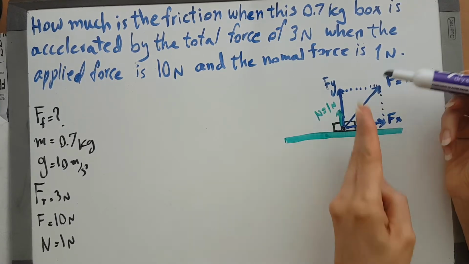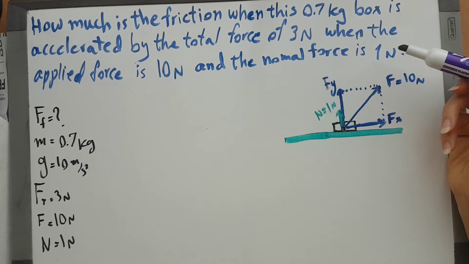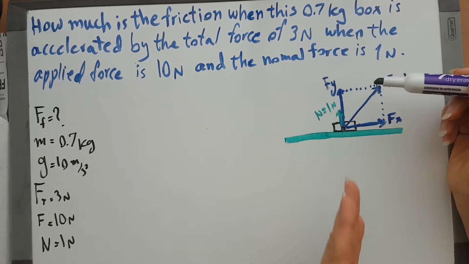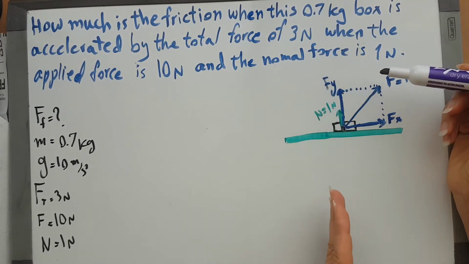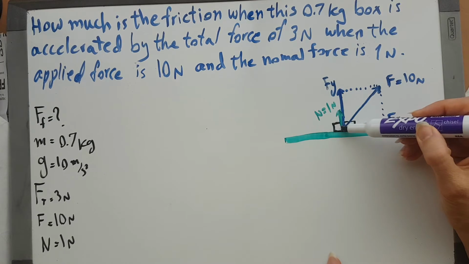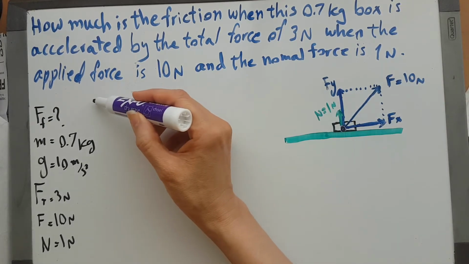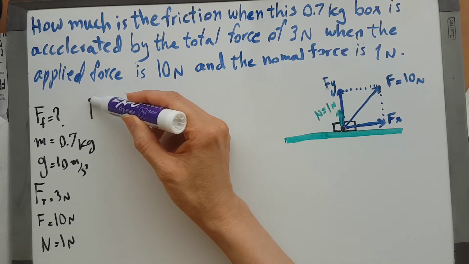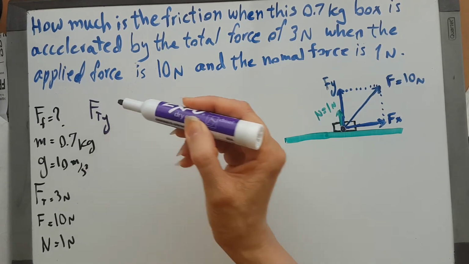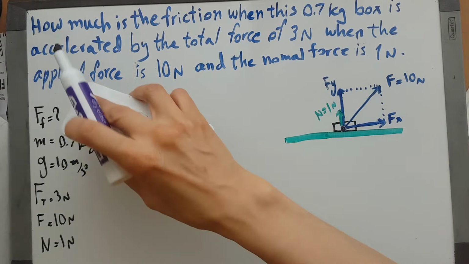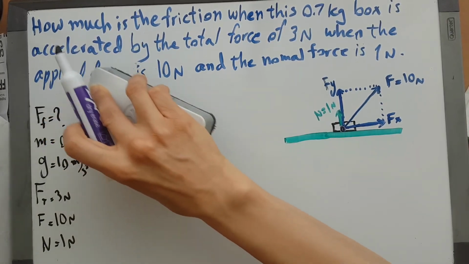In the vertical dimension there is 0 acceleration. In the vertical dimension there is no total force. Actually, I know that the total Fy in this direction is 0.